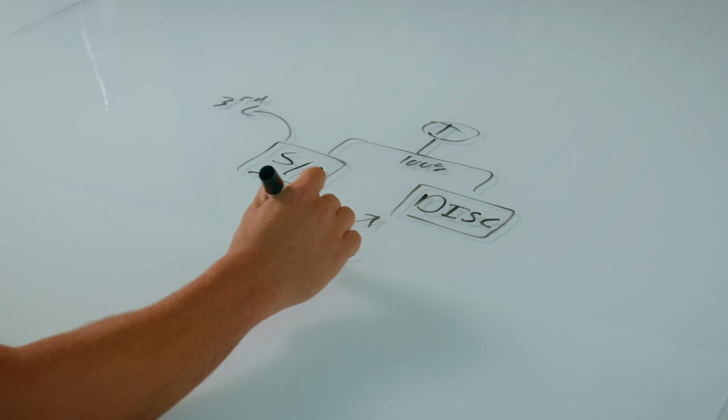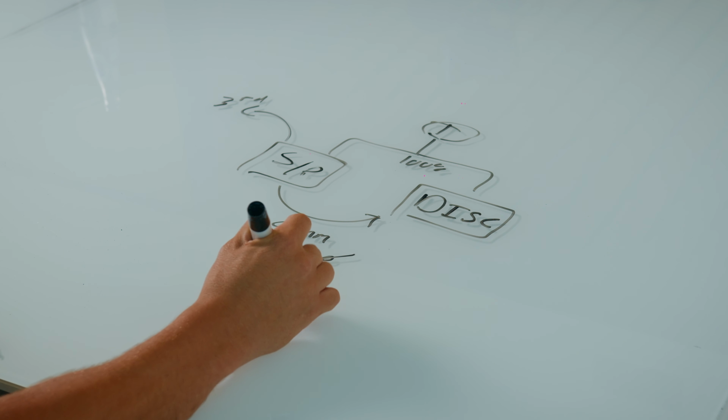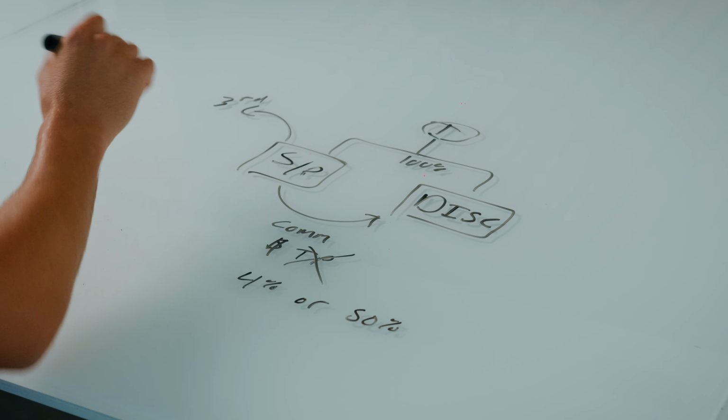What the IC DISC rules do is relax these transfer pricing rules. So there is no transfer pricing. Instead, it applies a different type of calculation. You can either use 4% of the gross export sale or 50% of the net income from that export sale to derive your commission.